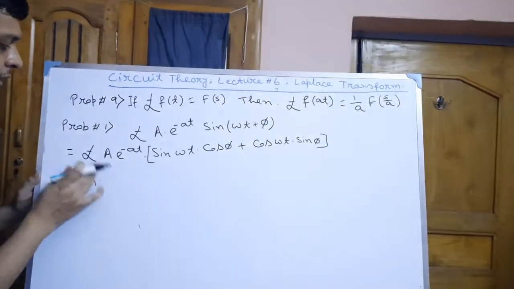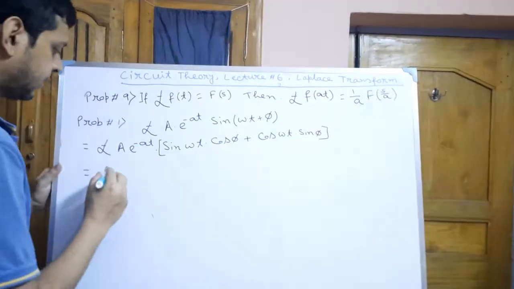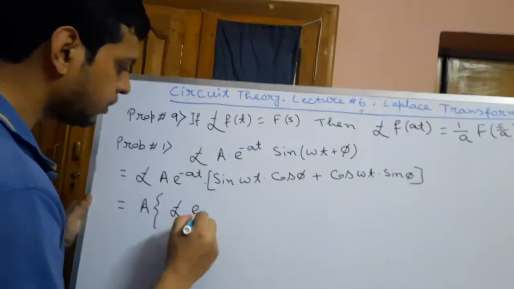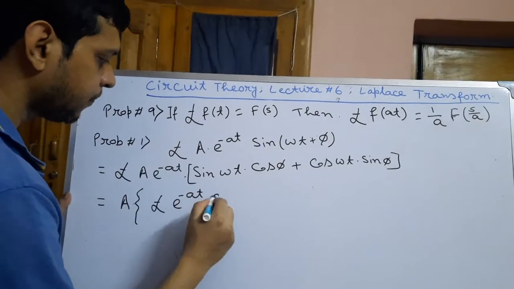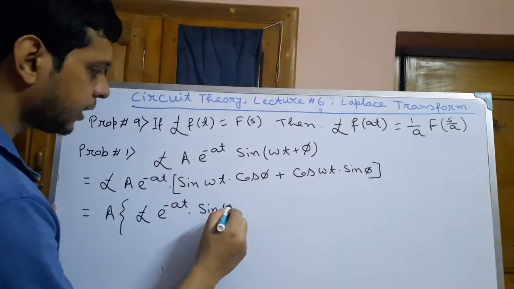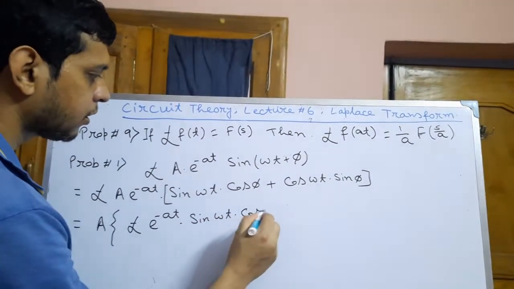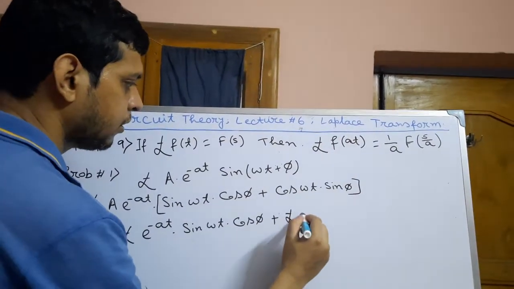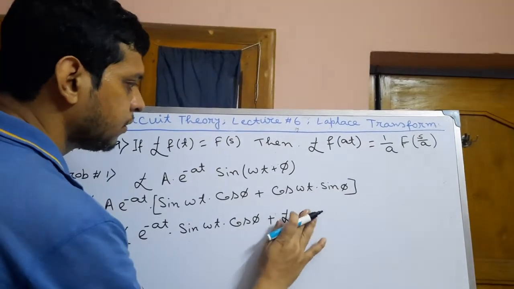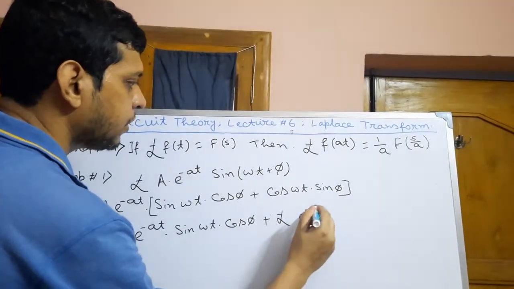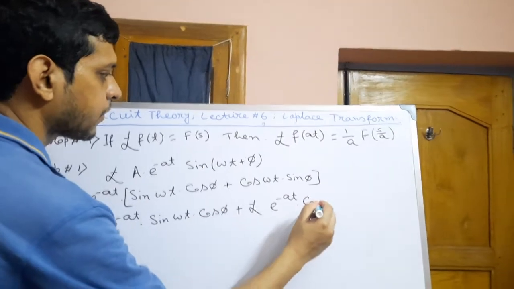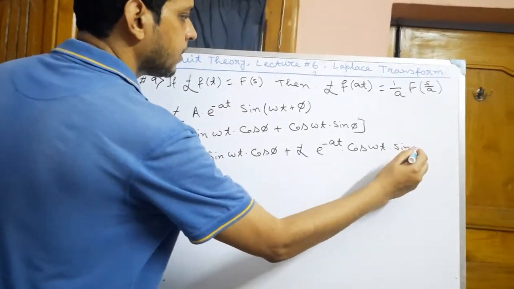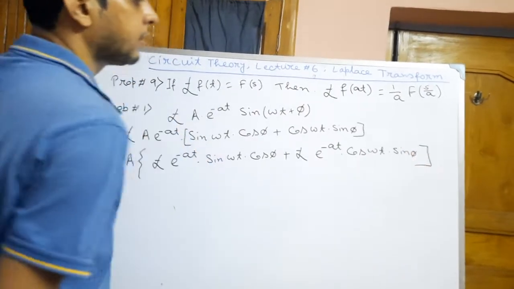So this is equal to a, and as a is constant, let us take it out of this operation. So this is a into e to the power minus at sin omega t cos phi plus e to the power minus at cos omega t sin phi.